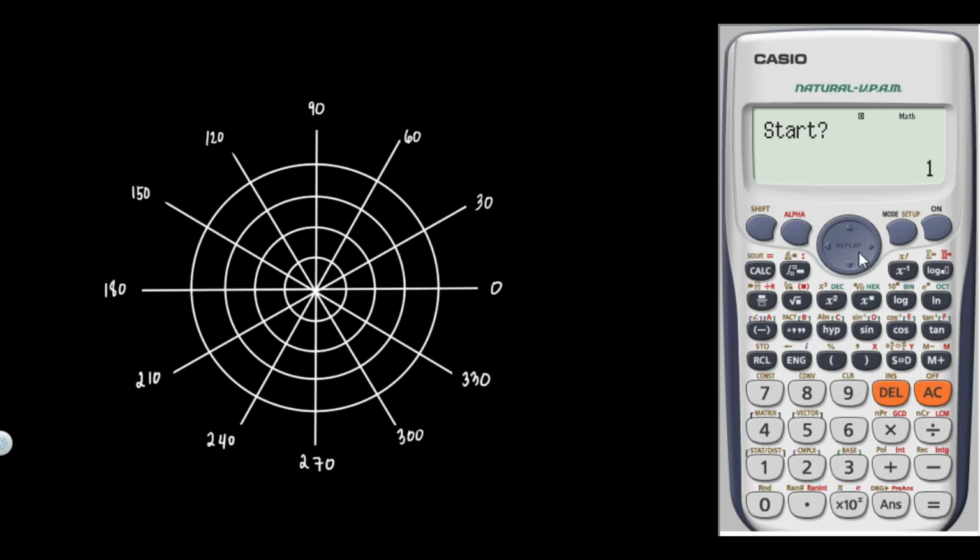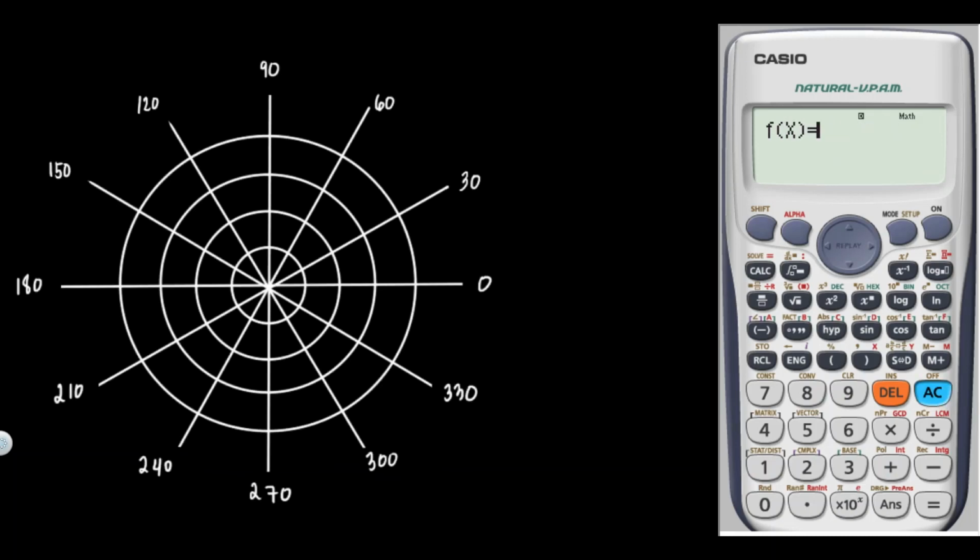Press equals again. Start is 0, up to 360 degrees, and the step is 30. The step could also be 15, it's up to you if you want more points. The inner circle is, let's say, 0.5, followed by 1, 1.5, then 2. Let's see what comes out.